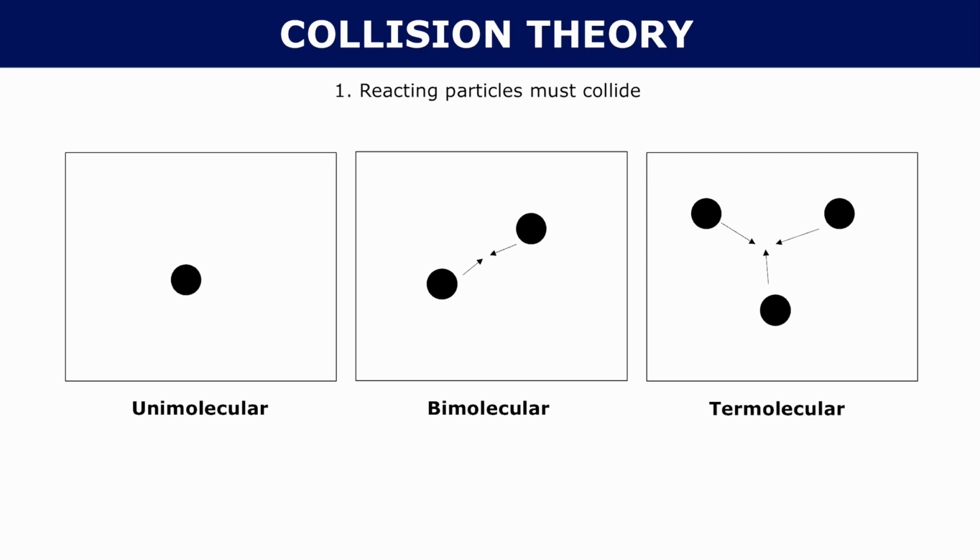You have a series of unimolecular, bimolecular, maybe one termolecular reaction, maybe 3 particles colliding at the exact same time, but it's usually just going to be unimolecular and bimolecular, a bunch of small reactions that all add up to form a complete chemical equation.